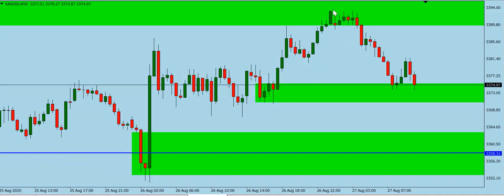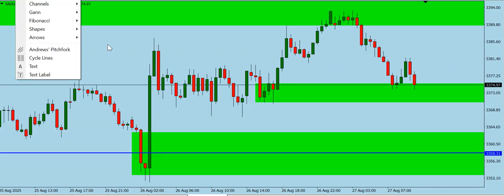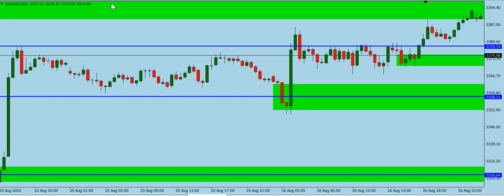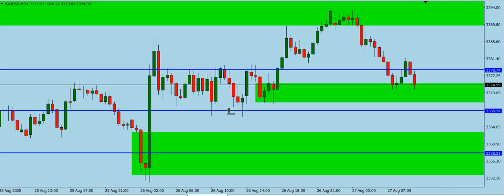On the 30 minutes time frame, you can see price is dropping, but price is at the support area. On the 30 minutes time frame, you can see this range. This particular range has formed a support area. So price is trying to manipulate or break below the range.